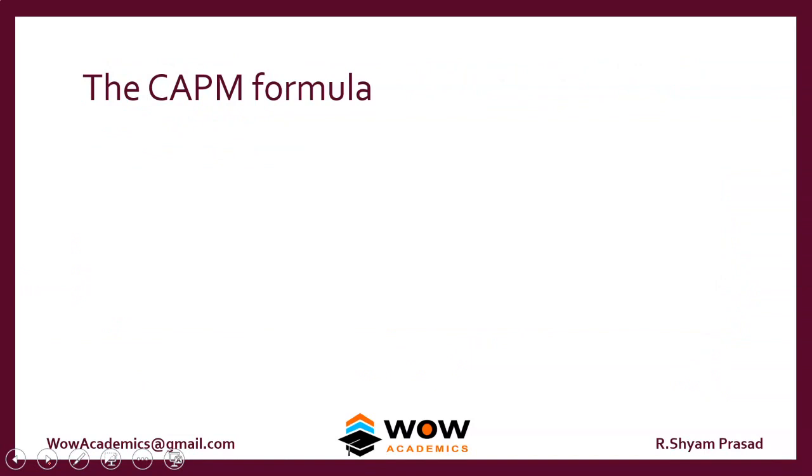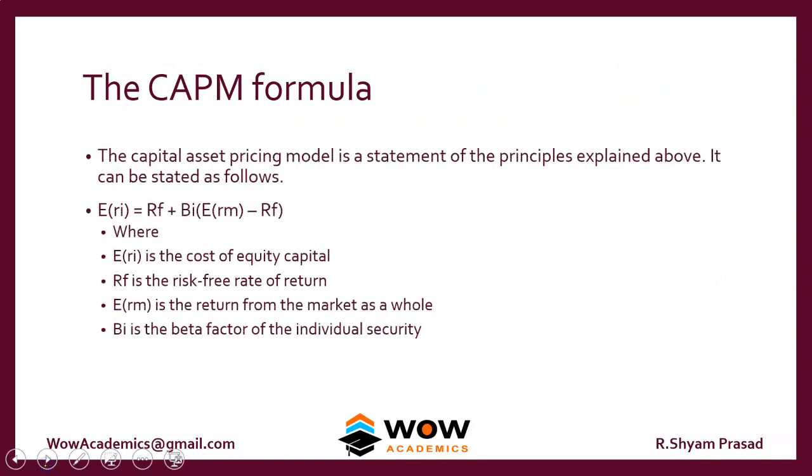So we look at the CAPM formula. The CAPM formula works like this: the expected return, so that we can take it as the KE. So the expected return is equal to RF plus beta into expected return from the market minus RF. So the expected return is the KE here. RF is the risk-free rate of return, that is nothing but the treasury bill rate.